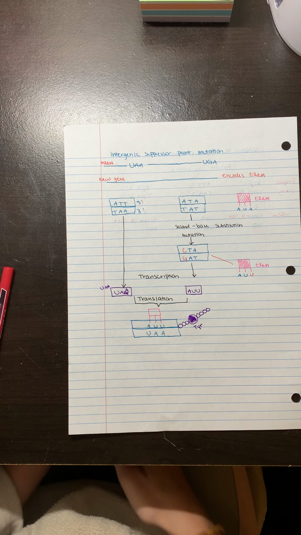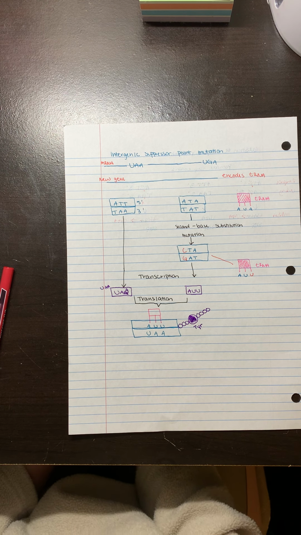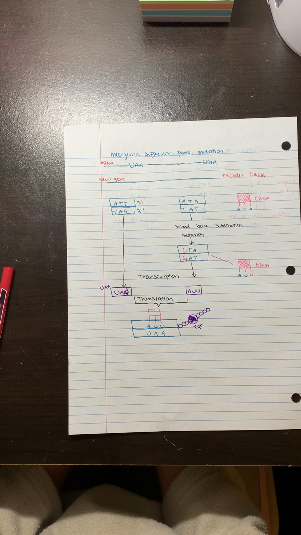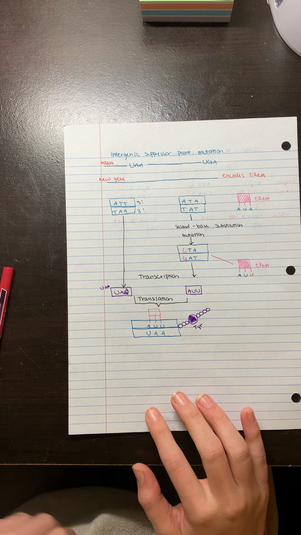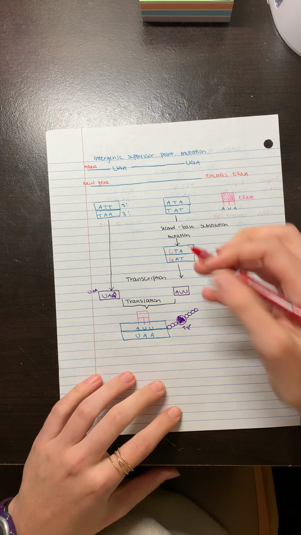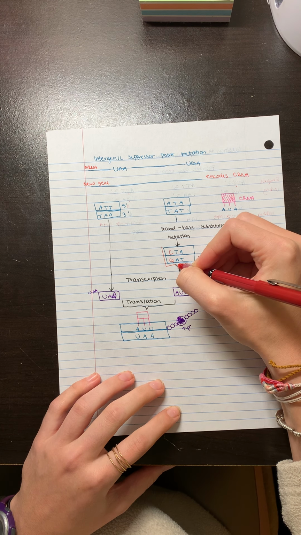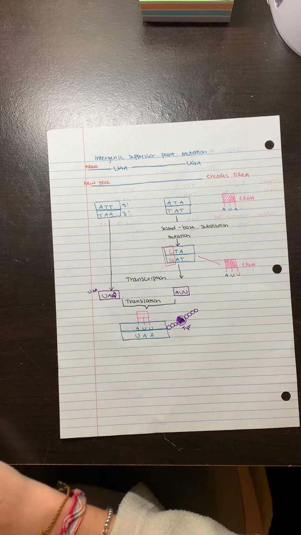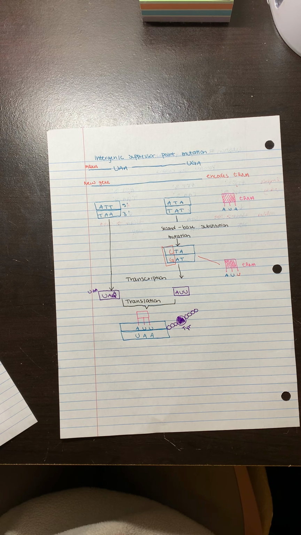The next part asks, based on this mutation, describe two types of DNA repair mechanisms that the cell might use to fix a mutation in the correct strand. So this is the mutation that we're going to be looking at. The two types of repair that can be used are mismatch repair and base excision repair.